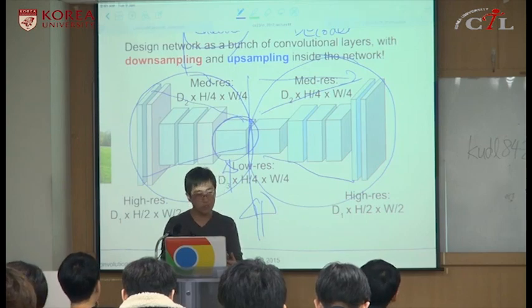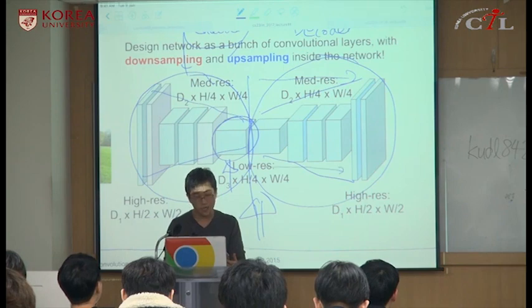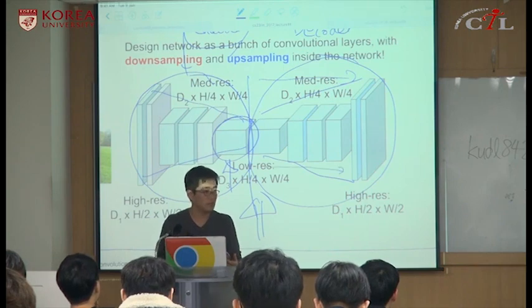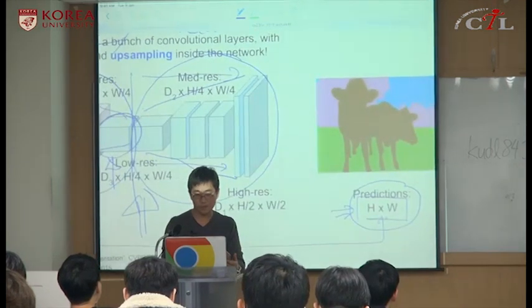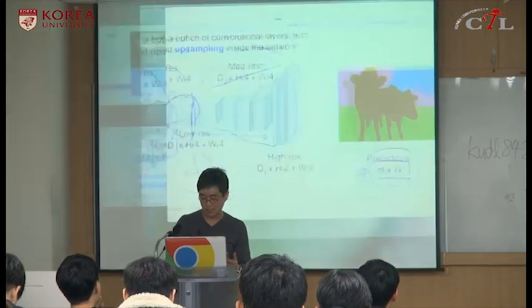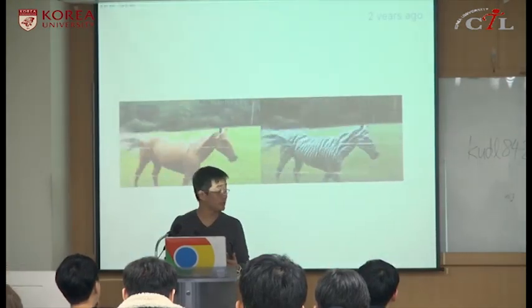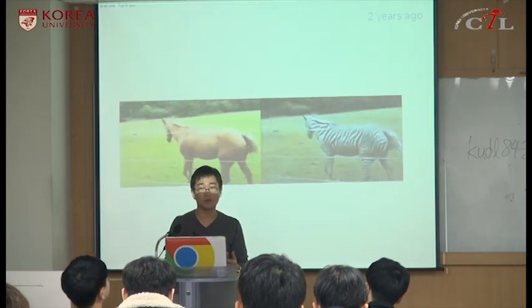And then once we have encoded those meaningful information, we turn to the decoding phase, so that we obtain the final output that has the same spatial resolution as the input. But in this particular case, the input is the image on the left, and the output is also another image on the right.